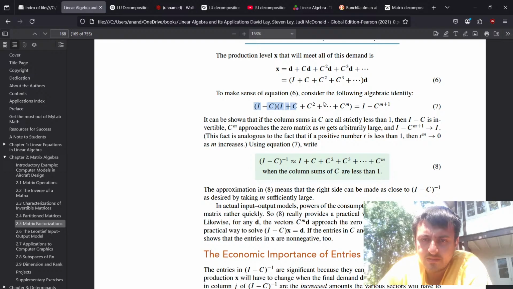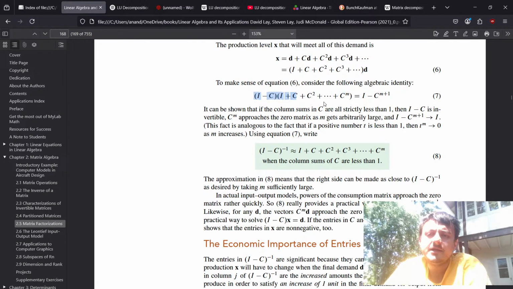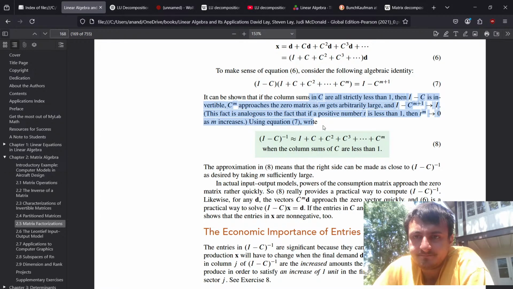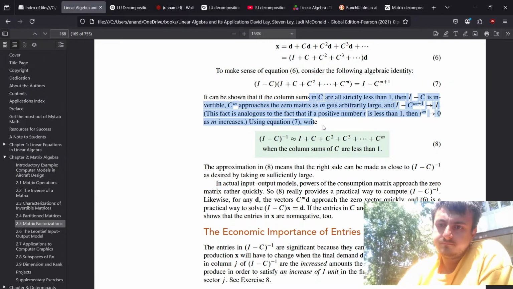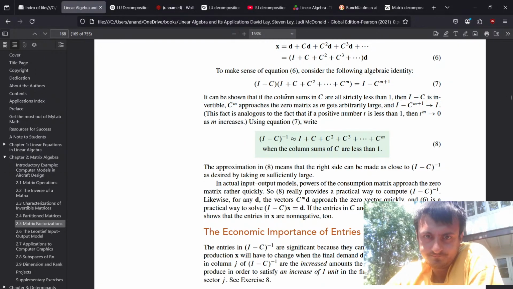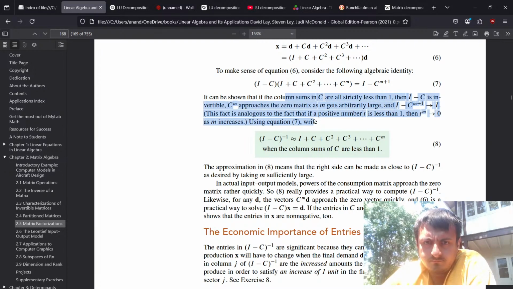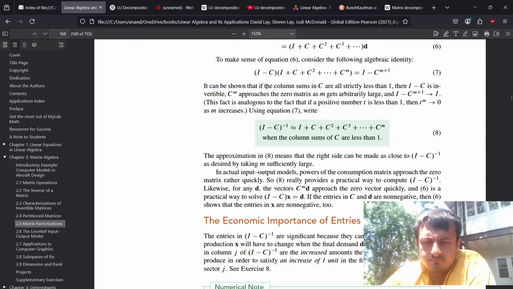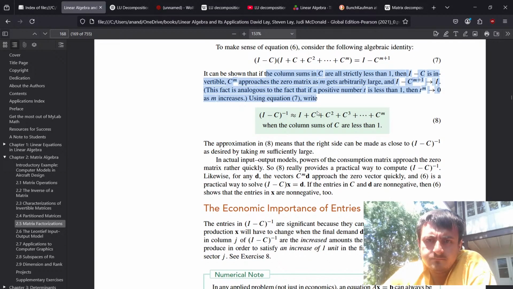So M equals 1 in that case, I guess. C to the M approaches the zero matrix.